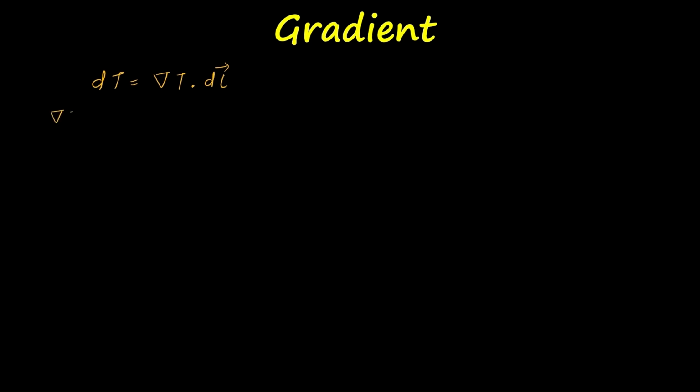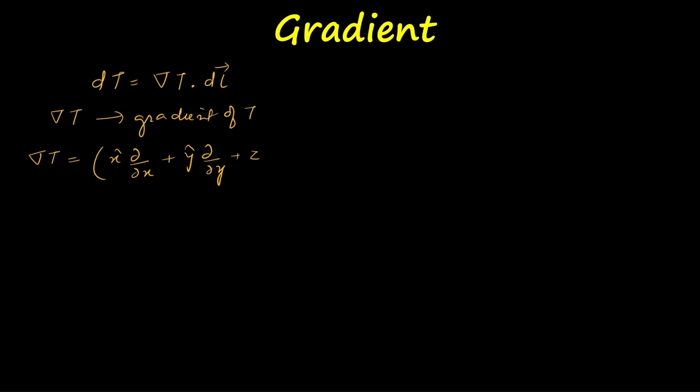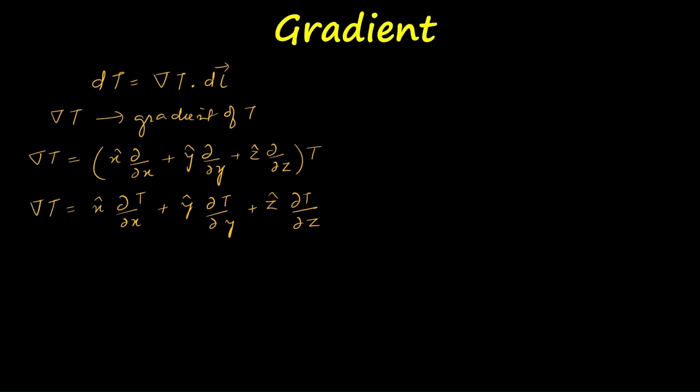Now this del of T is what we call the gradient of T. If we recall the expression, gradient of T is equal to the del operator into T. So we can write this as x cap partial derivative of T with respect to x, plus y cap partial derivative of T with respect to y plus z cap partial derivative of T with respect to z. So this is the expression of the gradient.